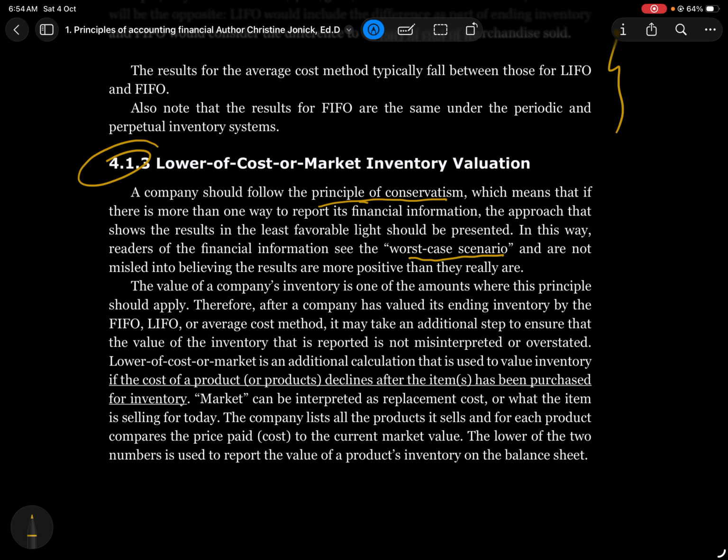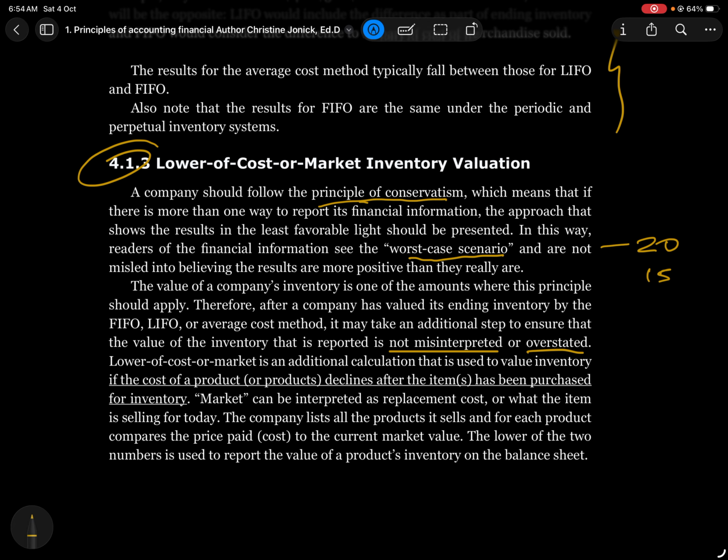So why do they do that? It's basically to avoid misrepresentation or overstatement, right? Suppose our inventory cost us $20, but the market value is only $15.